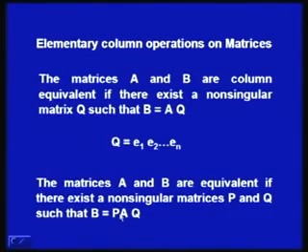P is the elementary row operations and Q is the column operations. So, the two matrices are equivalent if B is equal to PAQ. So, we have row equivalence, column equivalence, and simply the two matrices being equivalent.